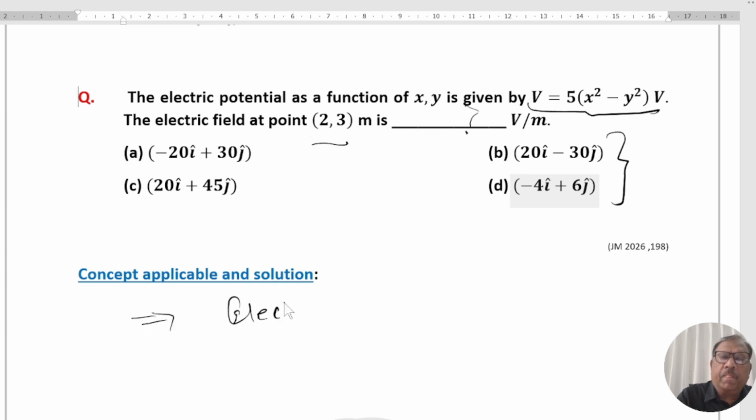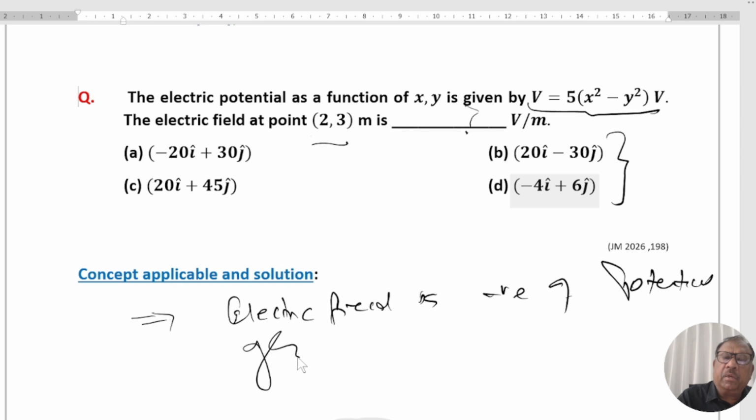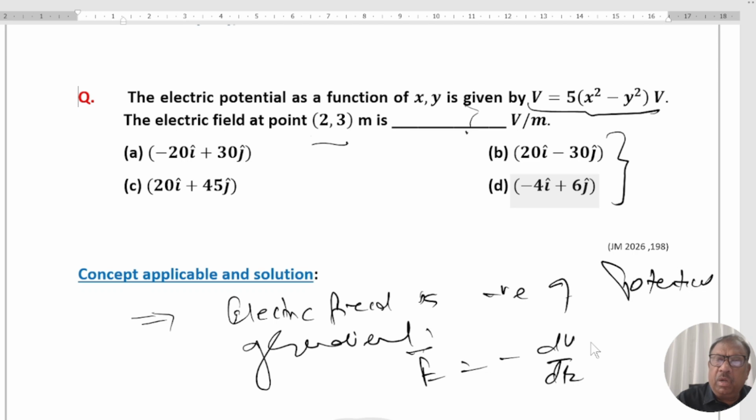Electric field is the negative of the potential gradient, that is E equal to minus dV by dr. r may be only x, x and y both, or x, y and z, all the things will be there.